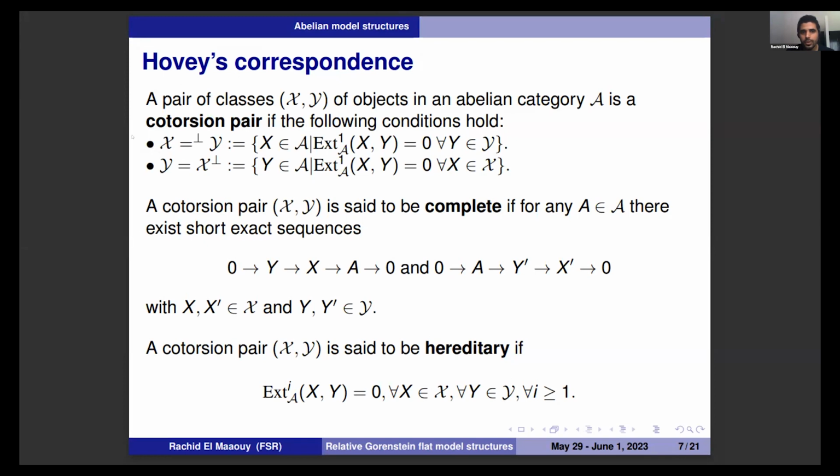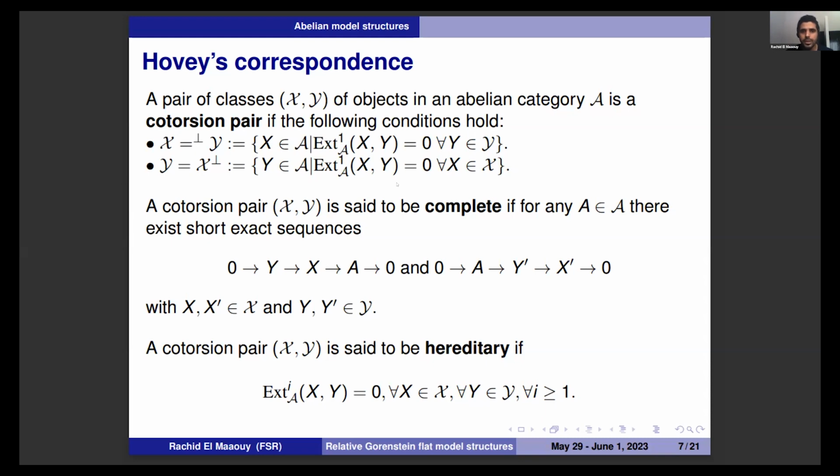First, we need to know what is a cotorsion pair. A cotorsion pair is a pair of classes of objects in an abelian category, X and Y, such that X is the left orthogonal of Y and Y is the right orthogonal of X. And the orthogonality here is by means of the Ext functor, the first Ext functor.